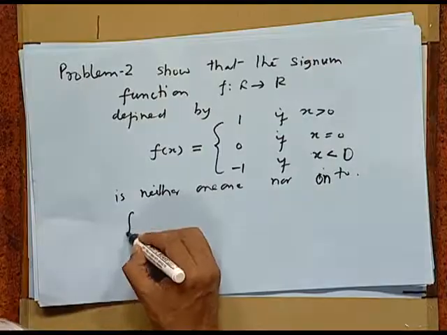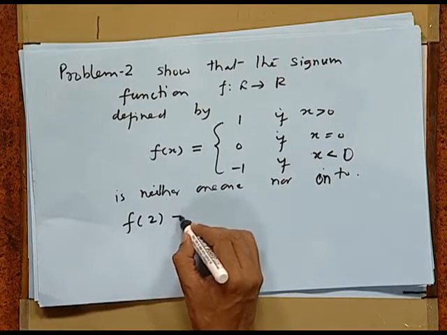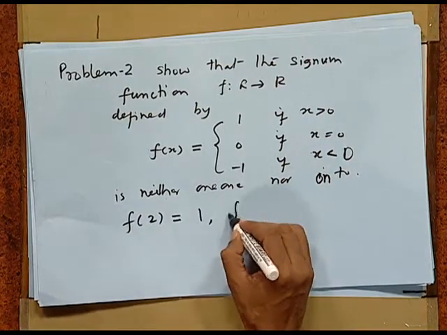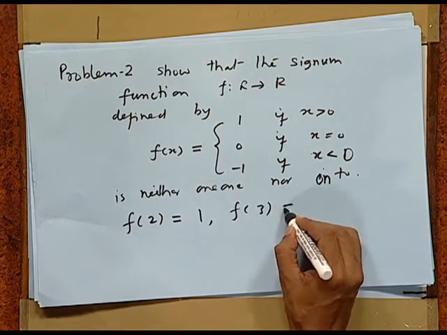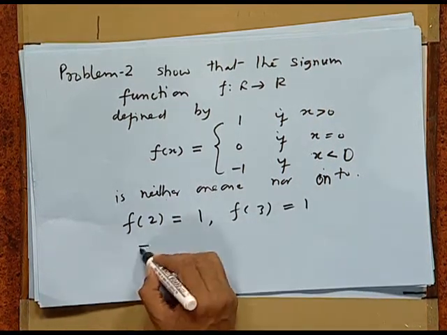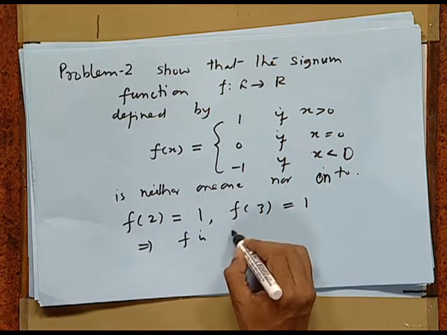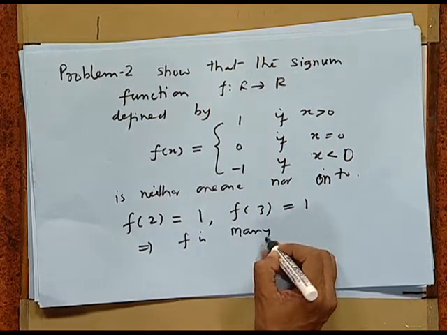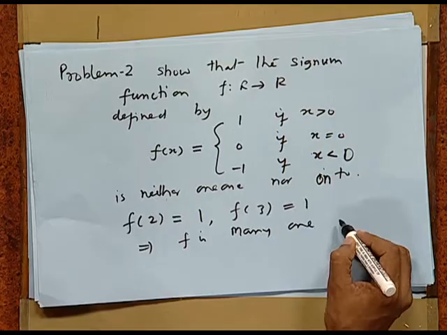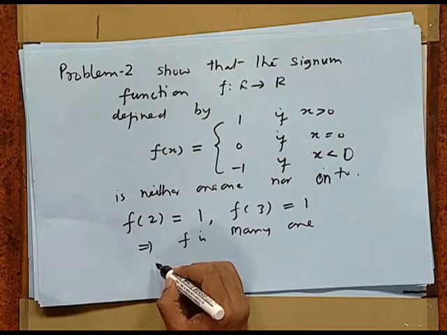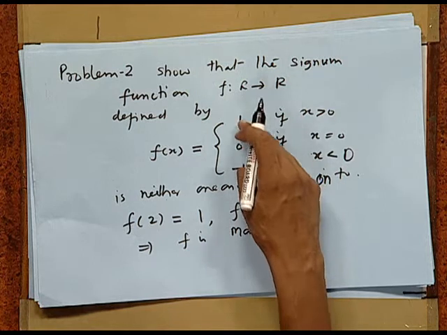We have f(2) is 1, also f(3) is 1. This implies f is many-one, that is, it is not one-one. Also, you take any number in the codomain, that is R, other than 1, 0 and minus 1.